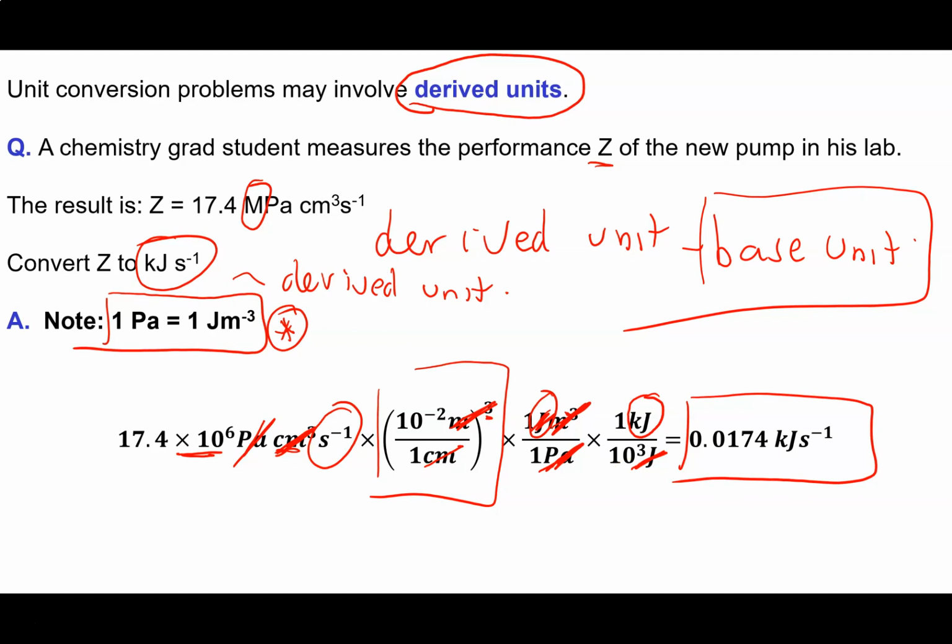So what's going on in this problem? Why is this sort of such a challenge? I think the first thing is that there's meant to be a minus sign there that I missed. So make sure you put that in. Why is this so difficult? Well, you've got a couple of things going on. You're converting a volume that requires that you cube your conversion factor.